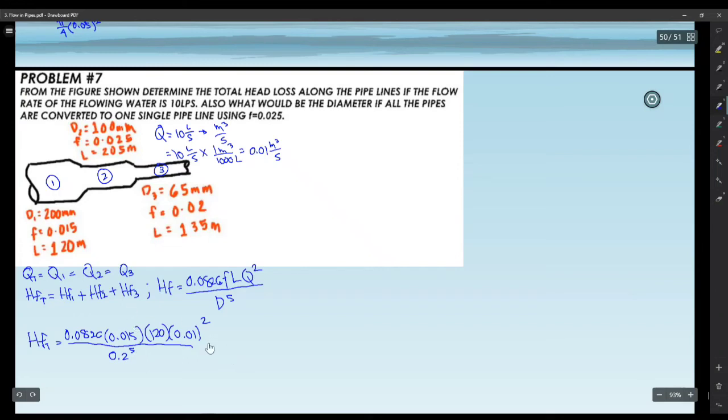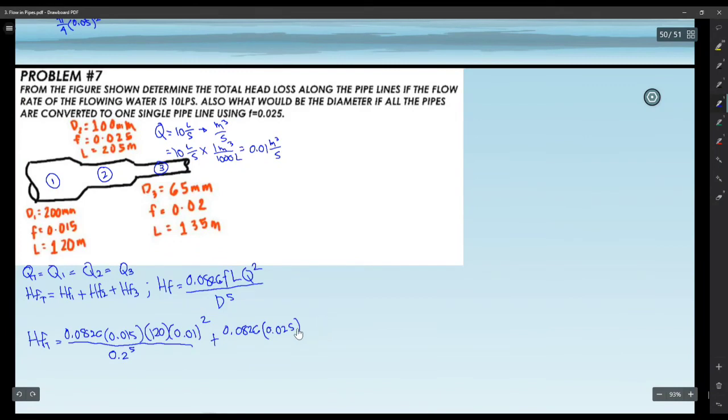So we're done with portion 1. Next is the middle portion. Substitute 0.0826 times 0.025, the friction factor of that portion, times the length of the pipe, 205, and then the flow rate 0.01 squared all over the diameter. Convert 100 mm to meters, that is 0.1, raised to 5.